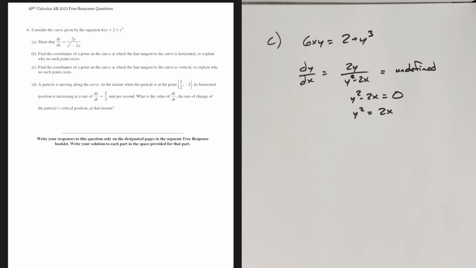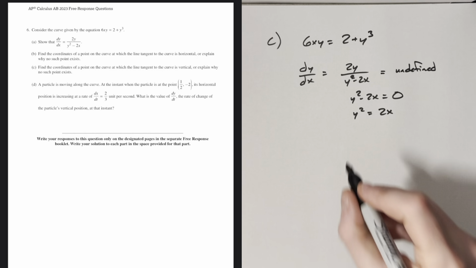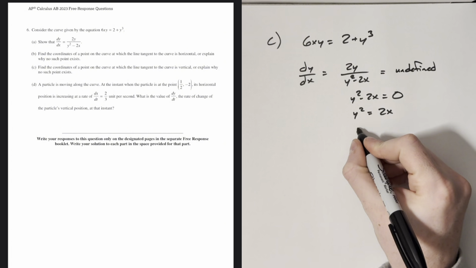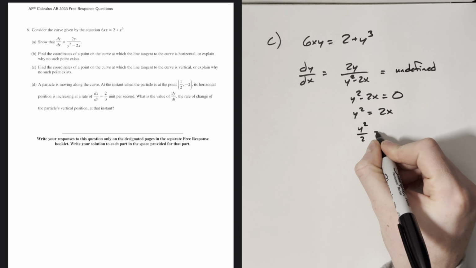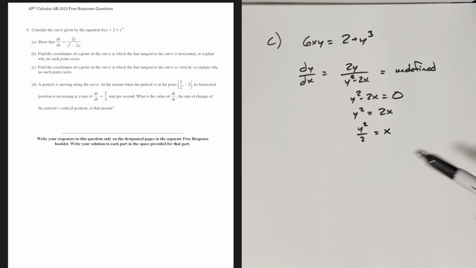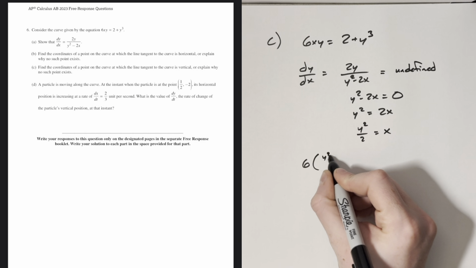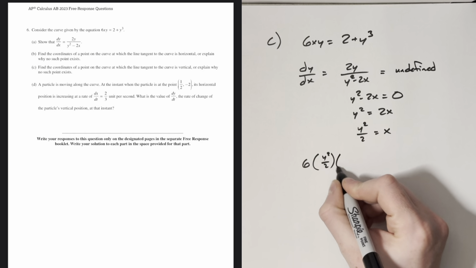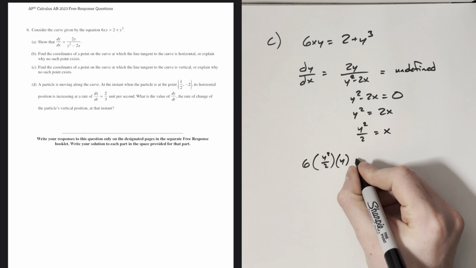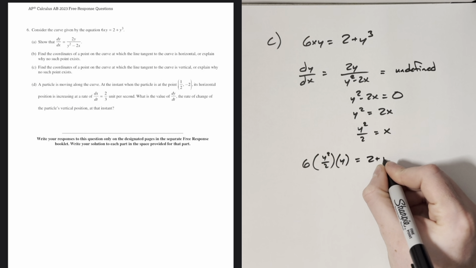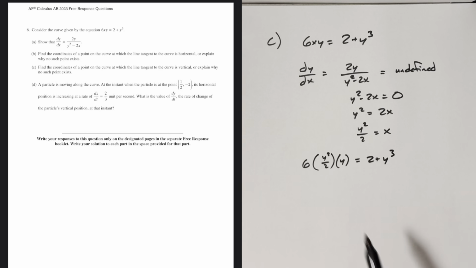But I have two equations and two variables. So I'm going to substitute. I'll get y squared over 2 is equal to x, and I'm going to plug in x into my initial equation. So 6 times y squared over 2 times y equals 2 plus y cubed.